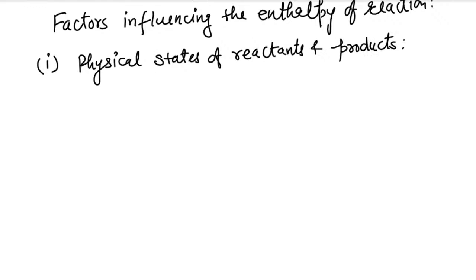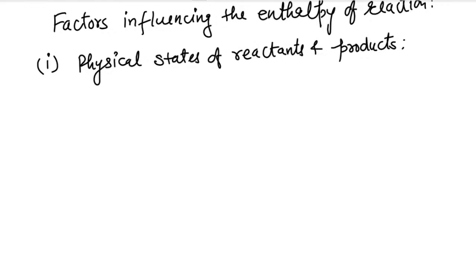The best example I have quoted: H2 gas plus half O2 gas to give H2O liquid and H2O gas. When it is in the liquid state, enthalpy of reaction is minus 286. When it is in the gaseous state, enthalpy of reaction is minus 242 kilojoule.